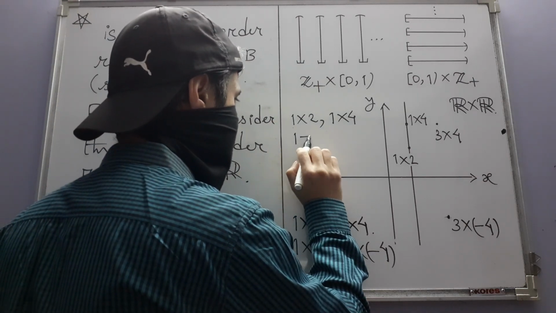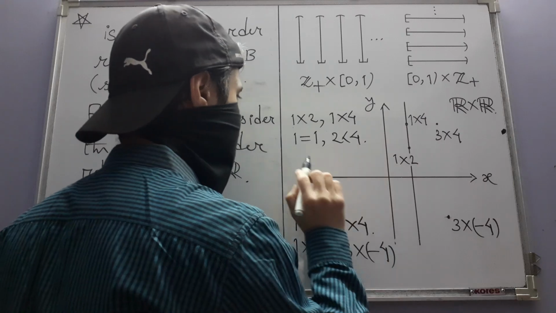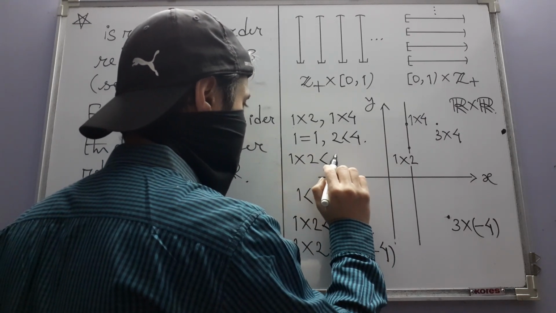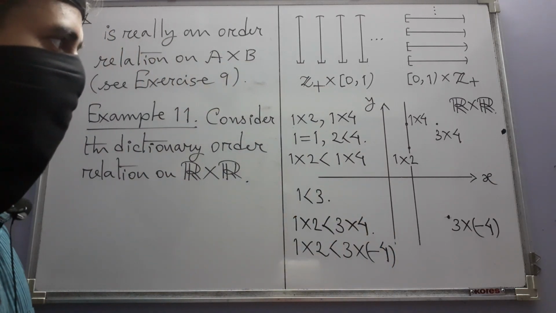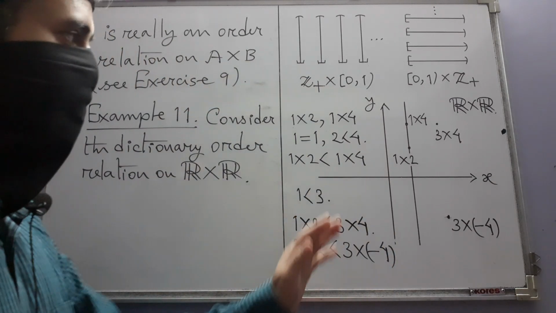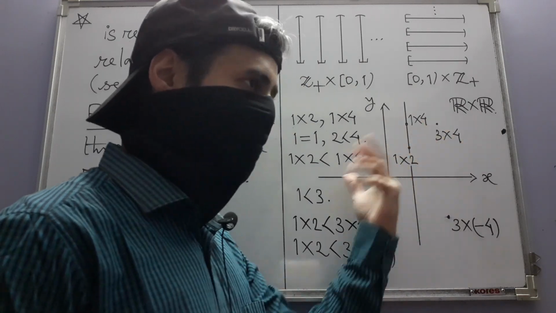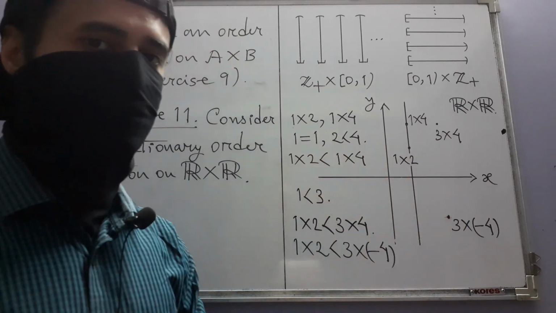Note that 1 is equal to 1 and 2 is less than 4. So 1 times 2 is less than 1 times 4. Okay, so any point that lies to the right of your chosen point is greater than the chosen point, and any point that lies to its left is less than the chosen point.